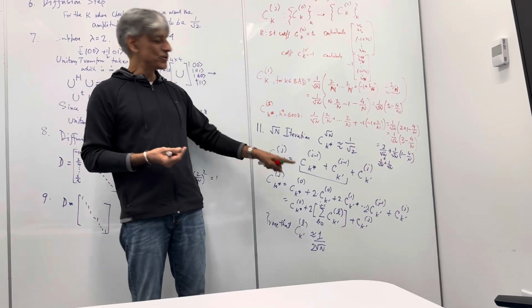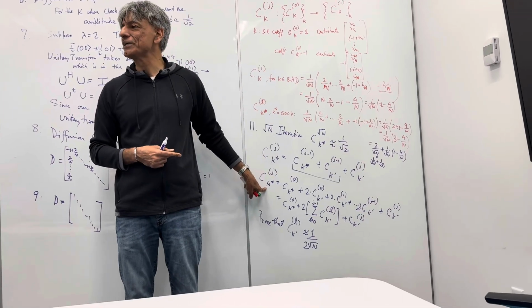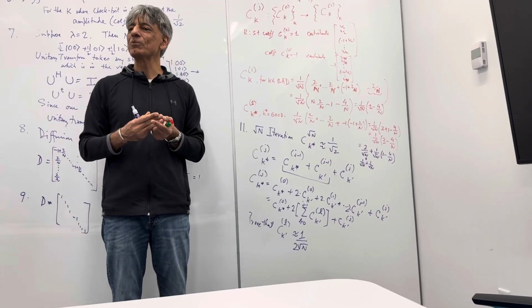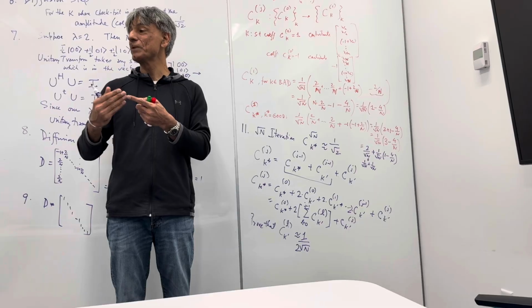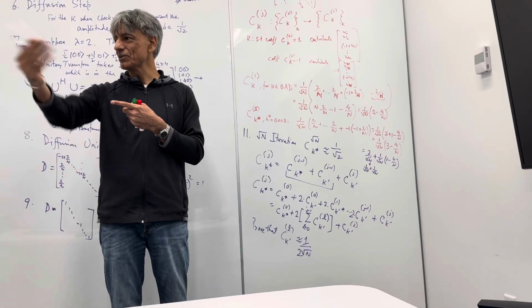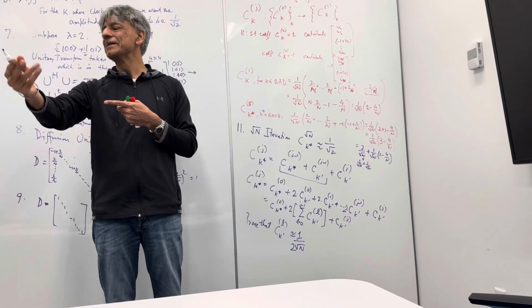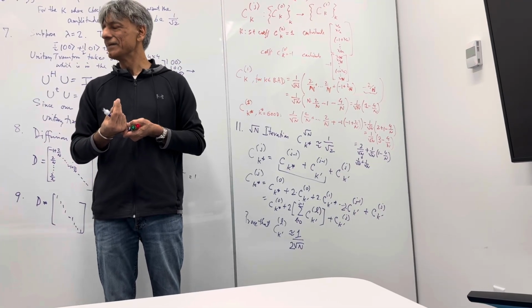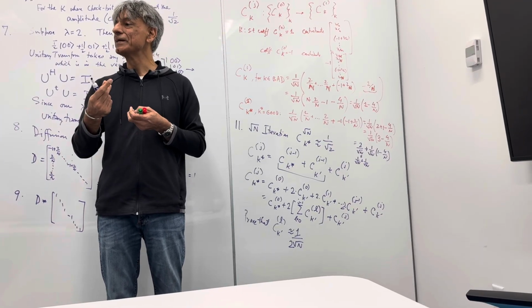If the good guy is already 1 by square root 2, we don't even care. But if the good guy is less than 1 by square root 2, we can show just by counting that, and since all the other guys are symmetric, that all the other guys have at least 1 by square root n. Together? No, individually.